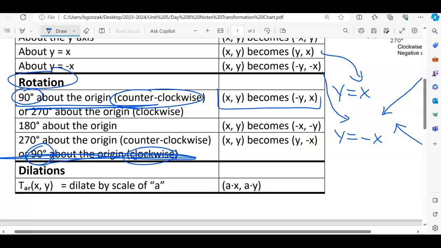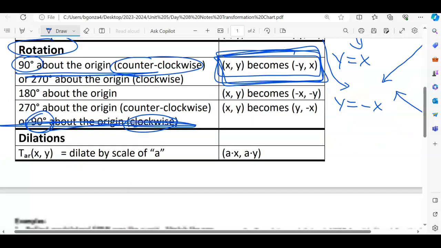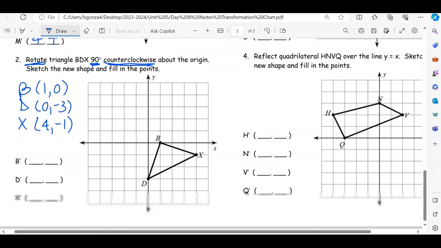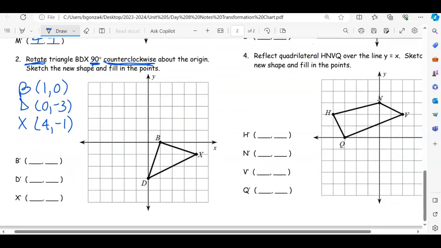What's the rule? What two things are happening right here in this rule? What do y'all think? XY becomes -YX. You switch the order, and the Y value changes the sign. Okay? So I'm going to write that rule, -YX, on number 2. And here are my 2 steps.